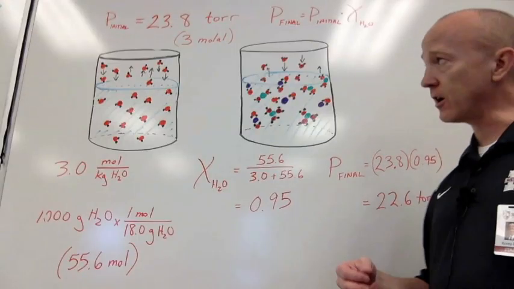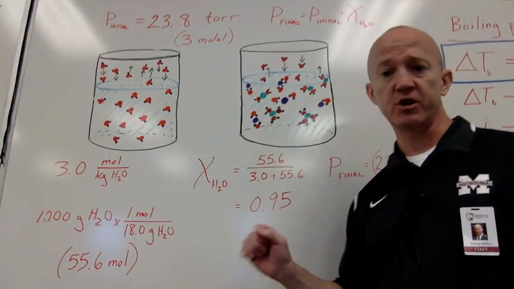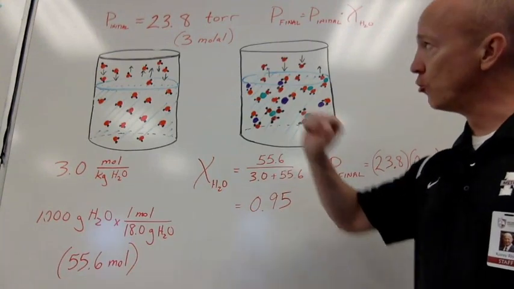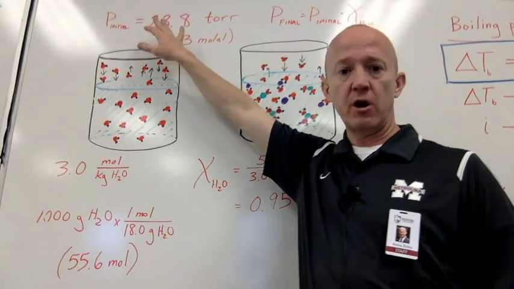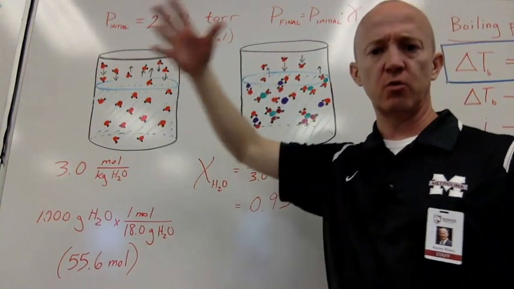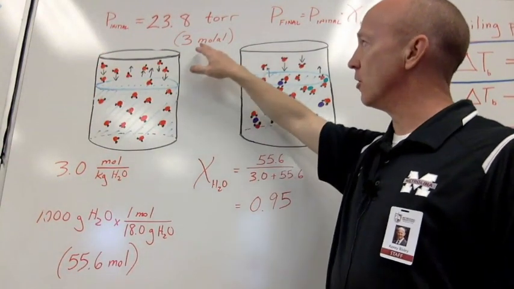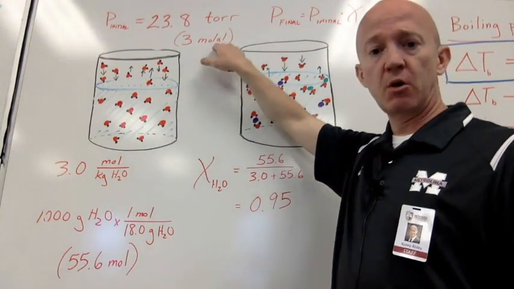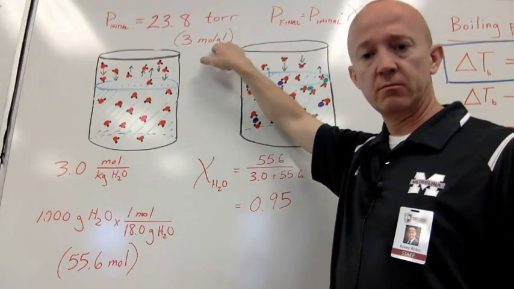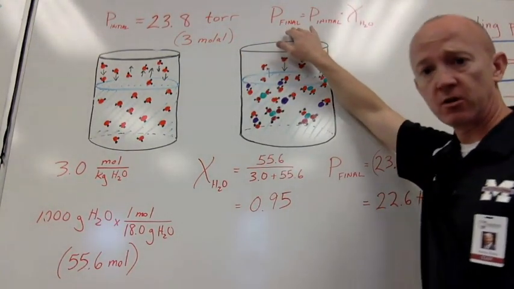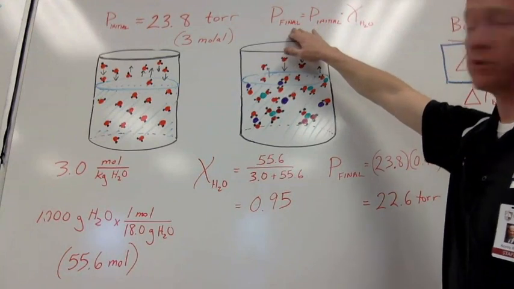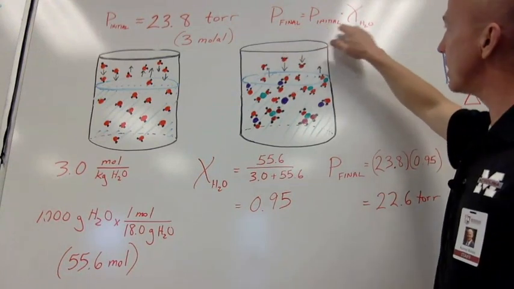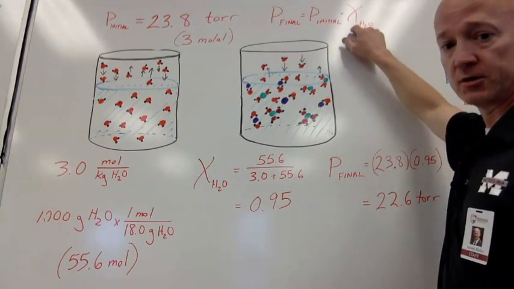Now, what if we tried to find the vapor pressure change in a solution where normally the vapor pressure of water would be 23.8 torr. Let's say though that it's a 3 molal solution. All right, we're going to use Raoult's law. The final vapor pressure is equal to the initial times the mole fraction.